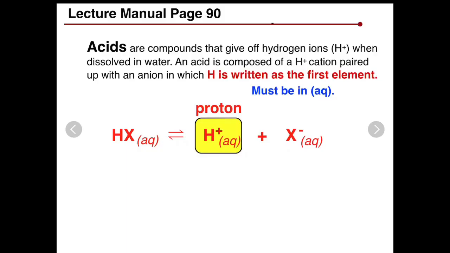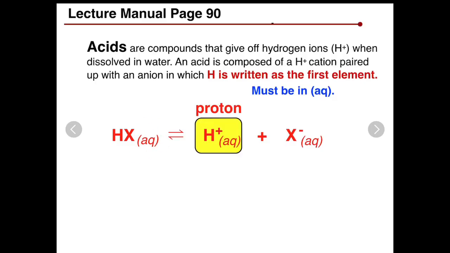But what I want you to focus on today, the take-home message of today, is that you will need to be able to recognize the acid and name it. To recognize an acid, it has the hydrogen written first, followed by the second nonmetal, and it also needs to include the aqueous solution.